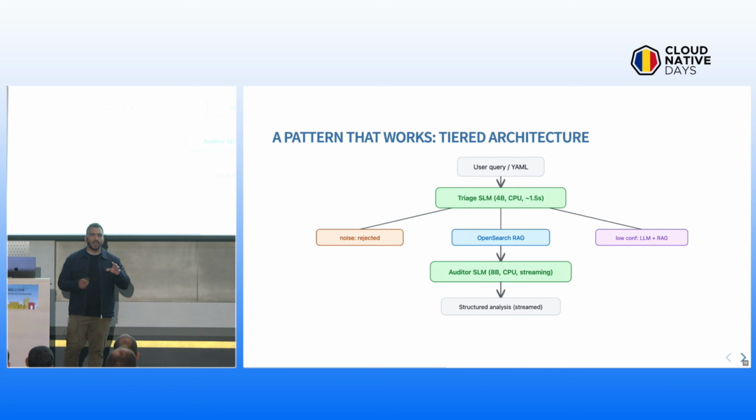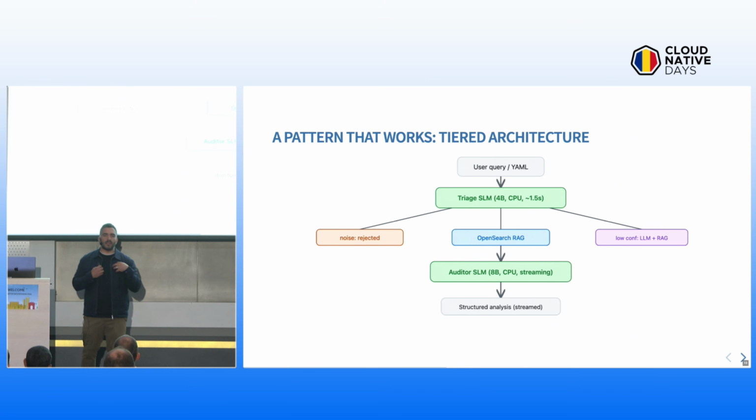Imagine that, if we translate the query that I showed you before, you have the query there, and you have a small language model doing a triage, saying, okay, I got this, I process the prompt in a prefill, and this is basically my area of expertise, so I'm going to go ahead and continue with the pipeline. Else it's just basically noise, and it's not my responsibility to take it.